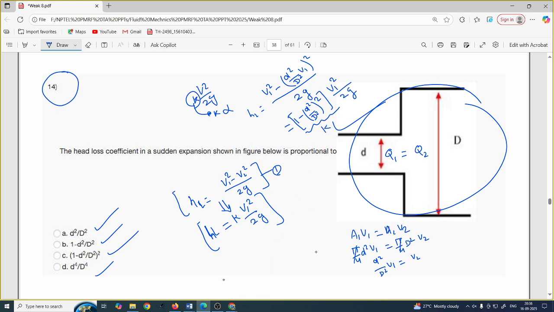So k will be 1 minus d square by capital D square.